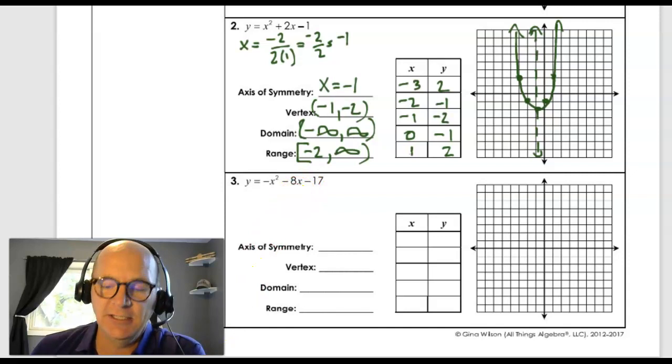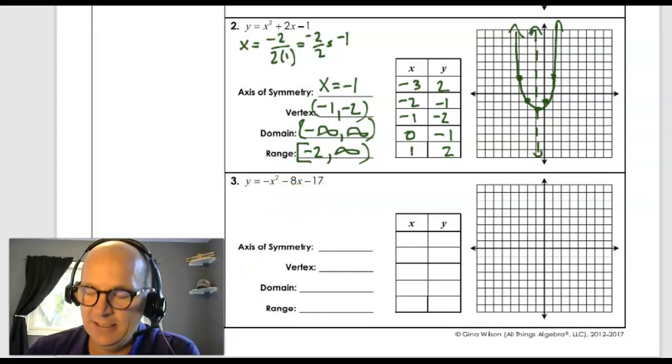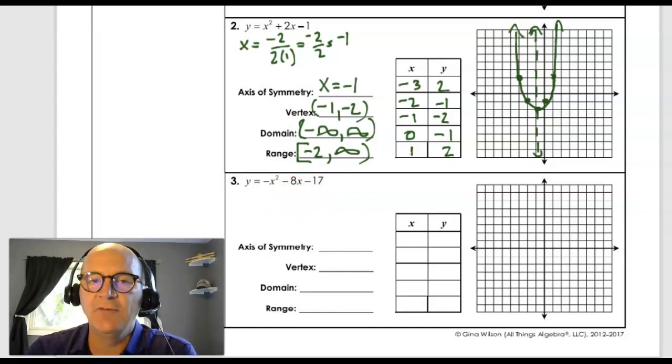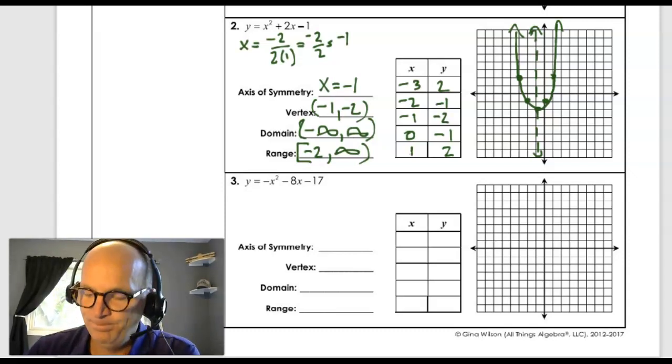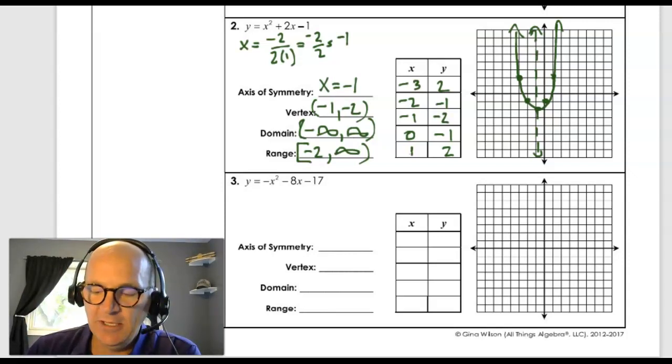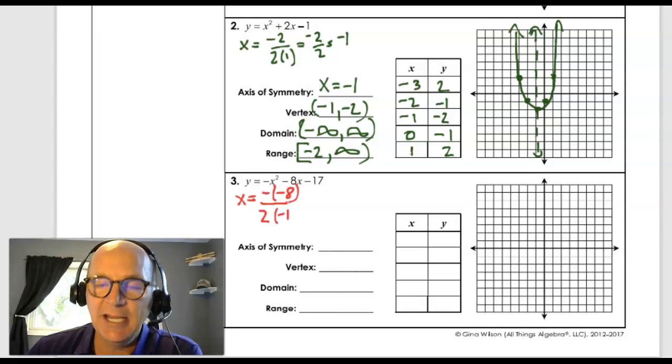And so again, let's start off by looking at the axis of symmetry. Again, if you want to work ahead on this one, you might want to press pause at this moment, and then press play when you're done filling in the problem. So as we take a look at this problem, we're going to again come up with b is -8 and a is -1.